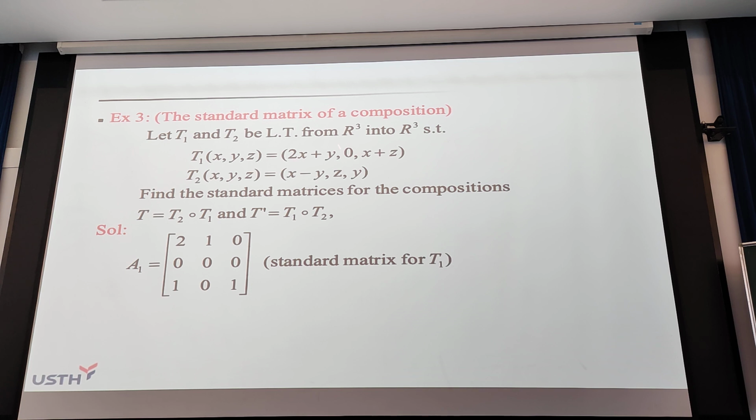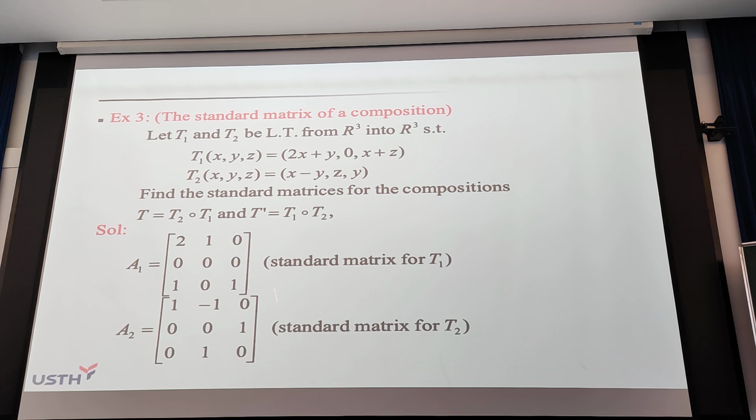And the second coordinate here is 0. It means 0x plus 0y plus 0z. So here is 0, 0, 0. And here is x plus z. It means that 1x plus 0y plus 1z. So the last row of the standard matrix will be 1, 0, 1. So that is A1. And A2 can be found in the same way.